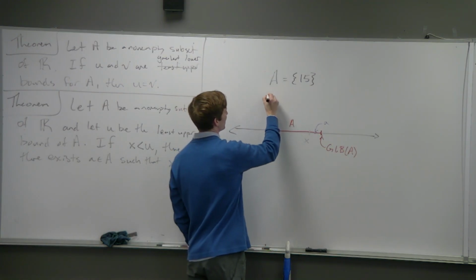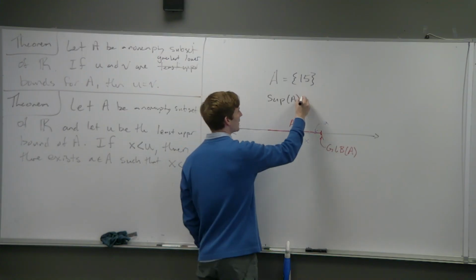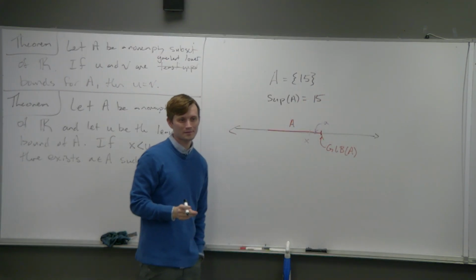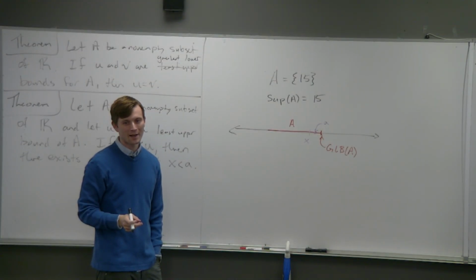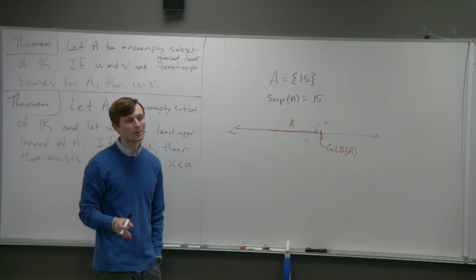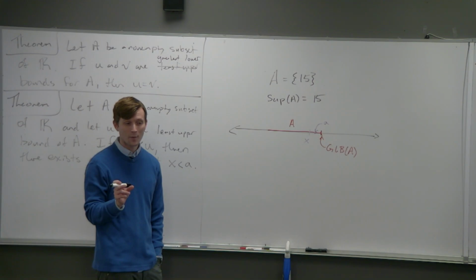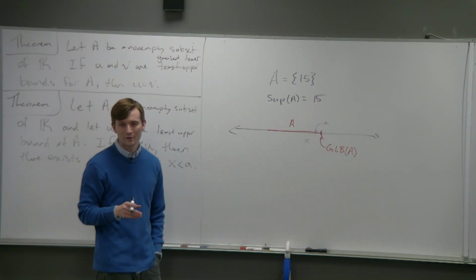What's the supremum of A, the least upper bound? 15. Yeah? Okay, so pick any number less than 15. What's the number in A that exceeds that? It's 15. So I guess what I should say is that anytime you don't actually have the least upper bound, the supremum, in your set, then you have this infinite sequence getting close to it. So anytime we encounter a situation like our first example, it works out exactly the same.